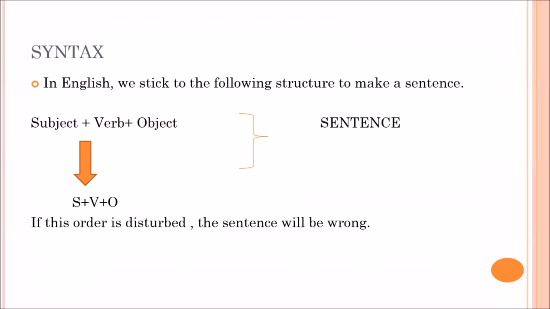In English, the structure for sentence construction is, first of all, we use subject, then the verb, which is action, and at the end, object. Together in this order, they make a complete correct sentence. And if this order is disturbed, the sentence will be wrong. No matter how beautifully, smartly you have written, this structure needs to be followed strictly.